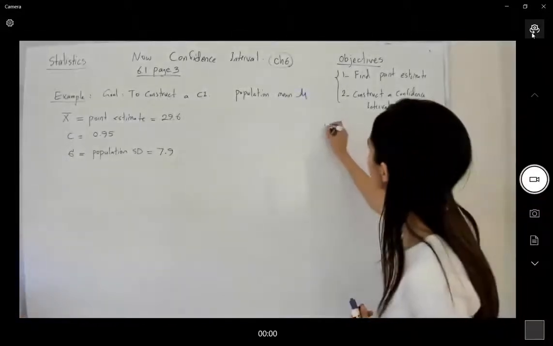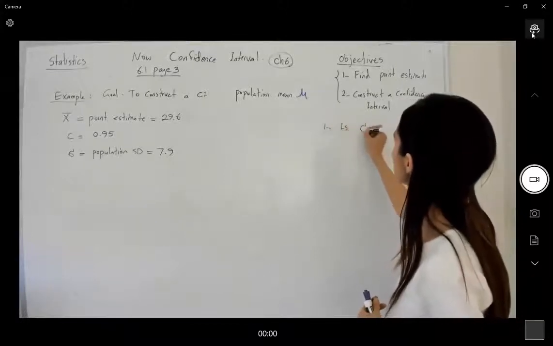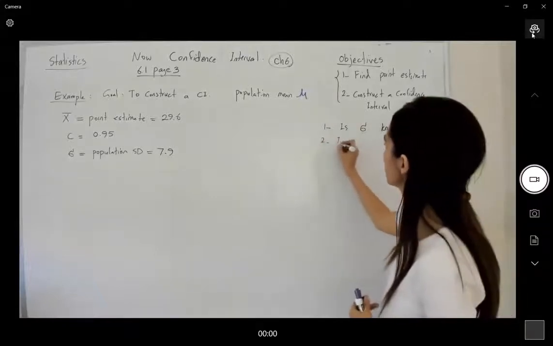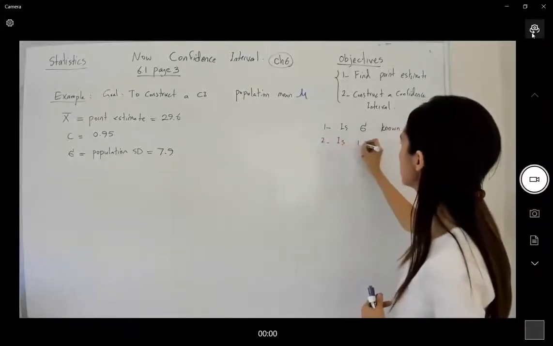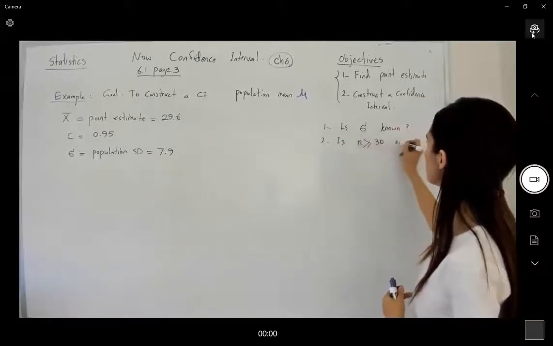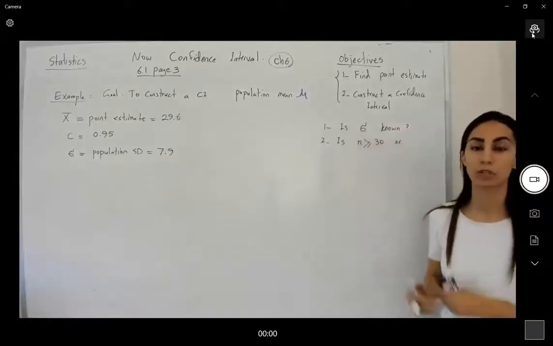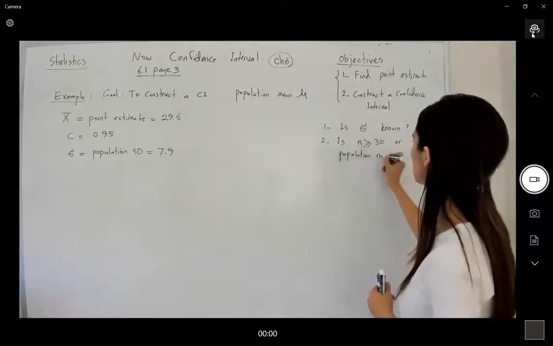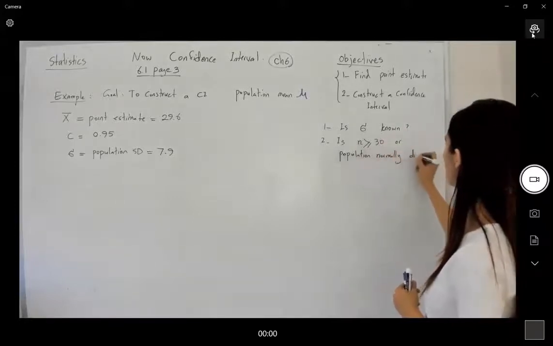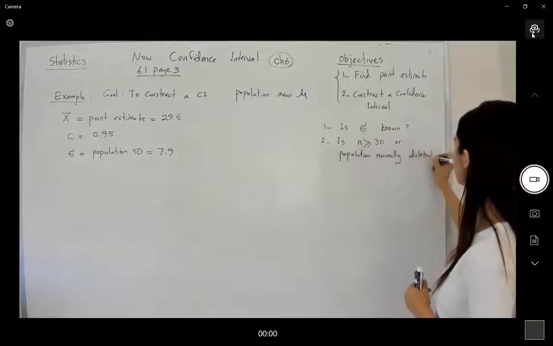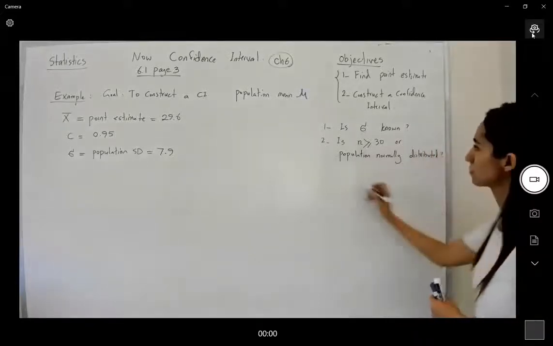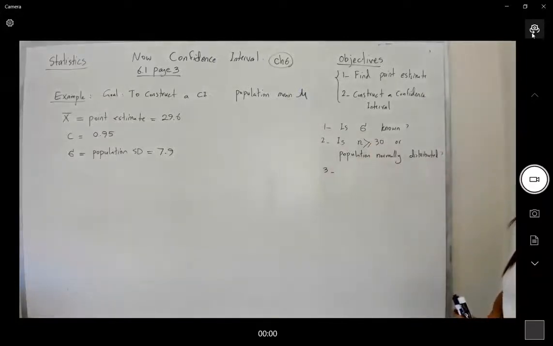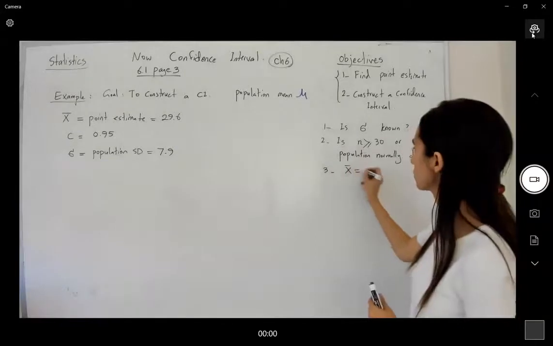First, is sigma given? Two, is n, the sample size, greater than 30, or do you have a normally distributed population? Three, what is X bar? The point estimate.